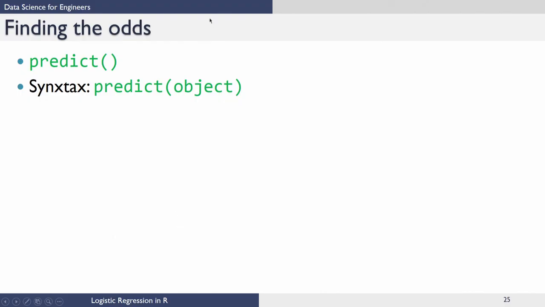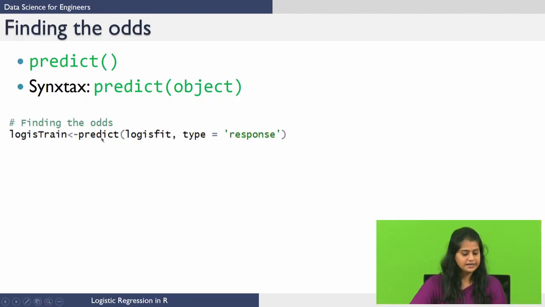Now, let us find the odds. To find the odds, we are going to use the predict function, and the syntax is predict and my input is an object for which I want to predict. Now, for our data I am going to use predict. My input here is the logistic regression model.